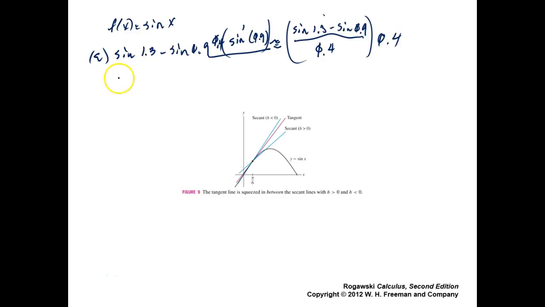So I would say 0.4 times f prime of 0.9, where f of x is sine x. To me, that's what that's saying. You see?